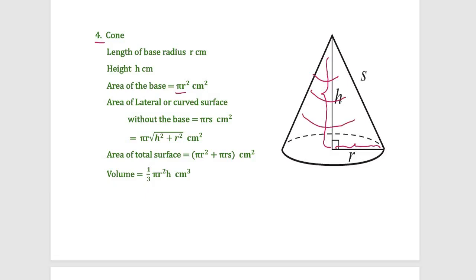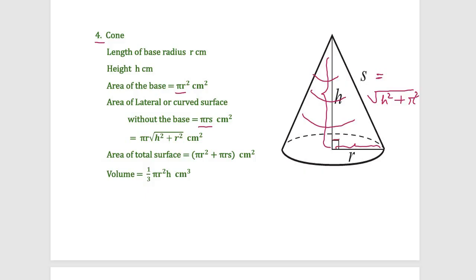without the base, can be found with the formula pi r s centimeter square, where s equals square root of h square plus r square. So this is how we get s by applying Pythagoras theorem.